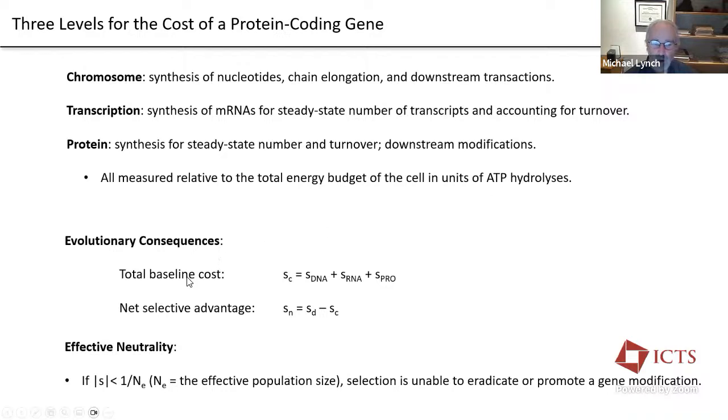And so the total cost of a gene is the sum of these 3 costs. And the gene might be doing something for us. We're not going to talk about that today. We just want to think about the baseline cost of just maintaining and operating a gene. And this becomes important because if that cost is less than the power of random genetic drift, then selection would be unable to eradicate the gene, even if it wasn't paying for itself.